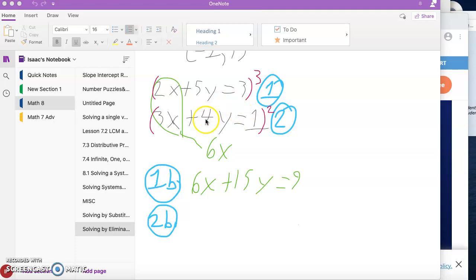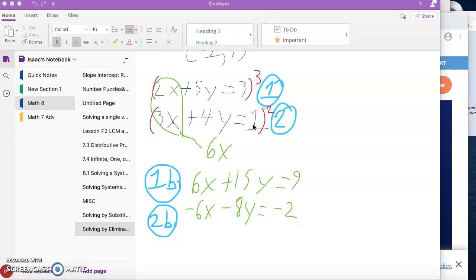Actually, let's make that times negative 2, sorry. So 3x times negative 2 is negative 6x. 4y times negative 2 is negative 8y. And 1 times negative 2 is negative 2.